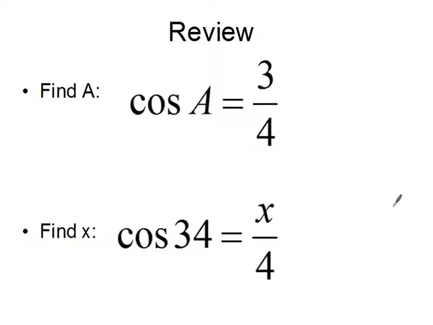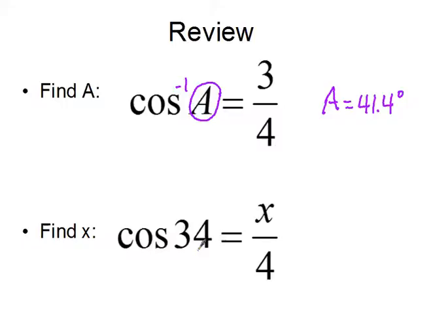Alright? Some more review. Remember, if you're finding the angle A, this is the one where you hit second cosine in your calculator, so it looks like cosine to the -1. And when you do that, you do second cosine 3 divided by 4. Angle A is 41.4 degrees, just in case we need to remember how to do this. Alright, down here it's a little different.